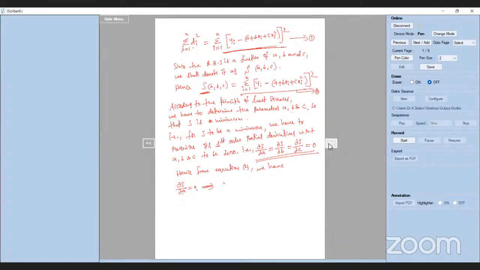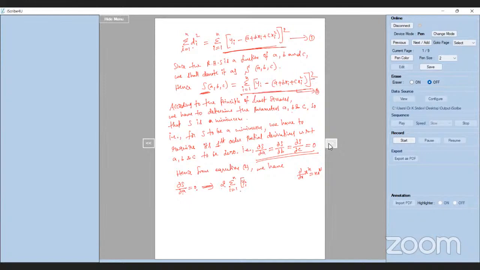What is this? 2 into summation. This is in the form of x to the power n. Dou by dou x is n into x to the power n minus 1. Summation i equal to 1 to n of yi. So what is n here? 2. 2 into, and what is x?